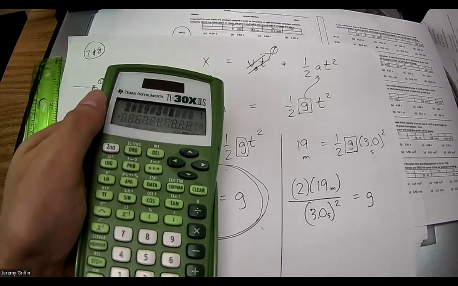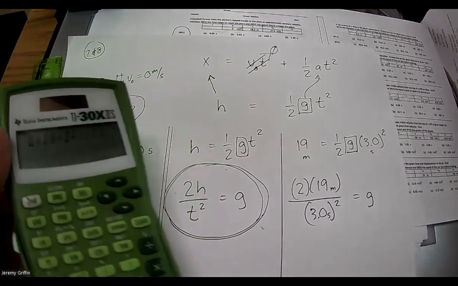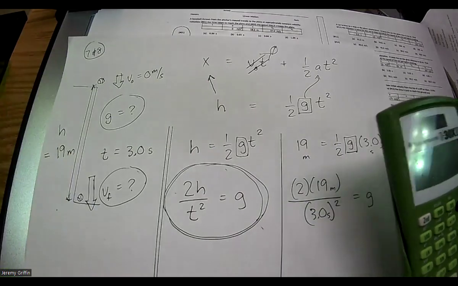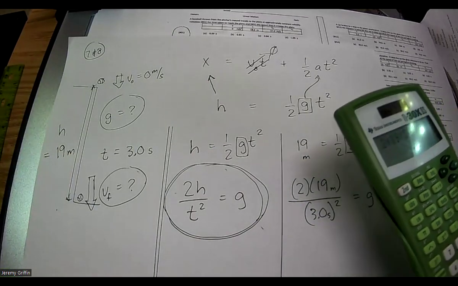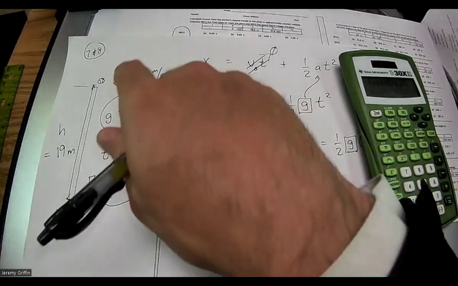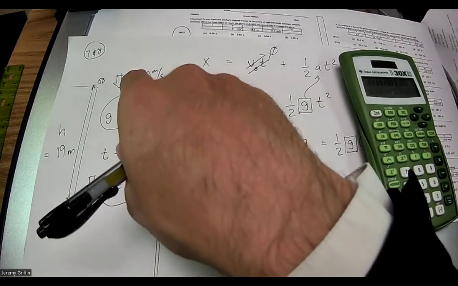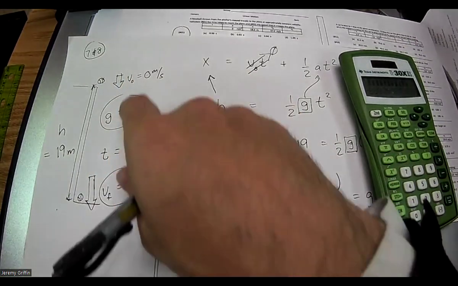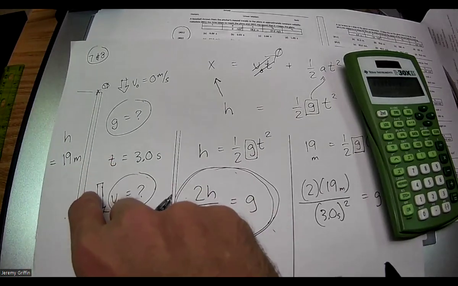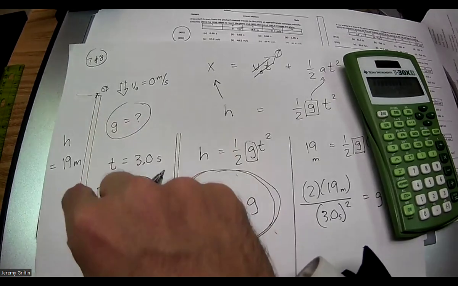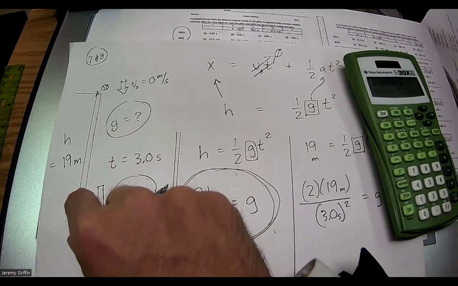Before I hit enter, a really good practice in physics is, before you go plugging and chugging, reason out in your mind what might be a reasonable answer. Do you guys remember if this cliff was on Earth, the ball falls 45 meters in 3 seconds? That big old table we did yesterday? But on my alien planet, in the same time, it only fell 19 meters. That's a lot less.